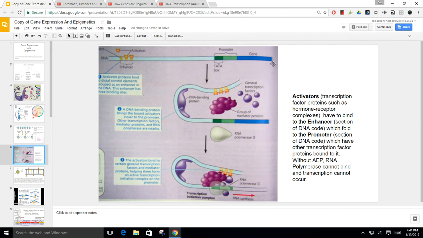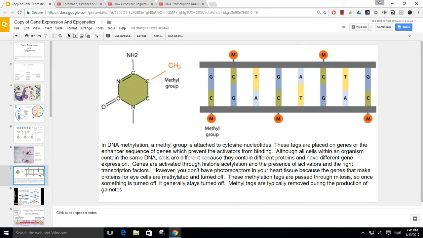So you can only turn on the genes for which you have the correct activators. So again, you can have all of this variation between expression and phenotype because of the different activators that are present, or possibly through methylation.